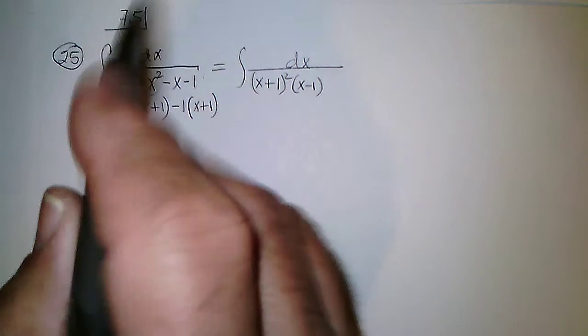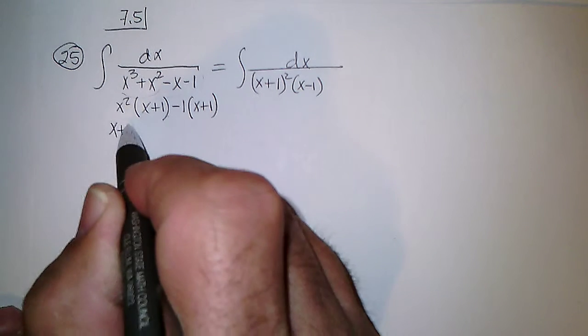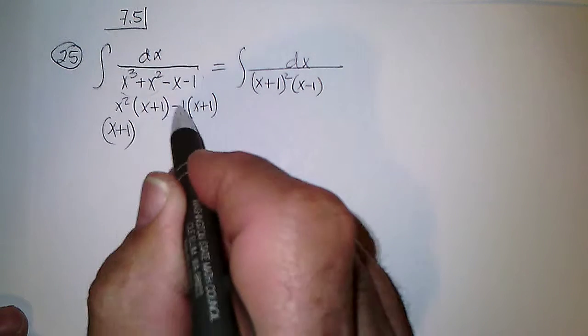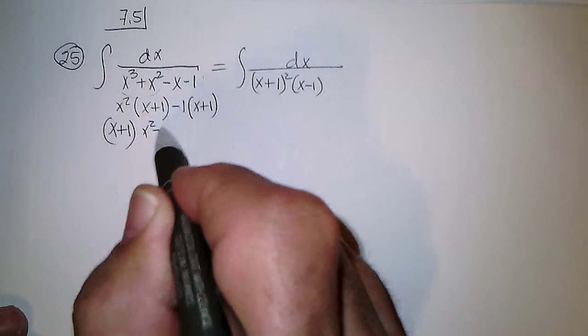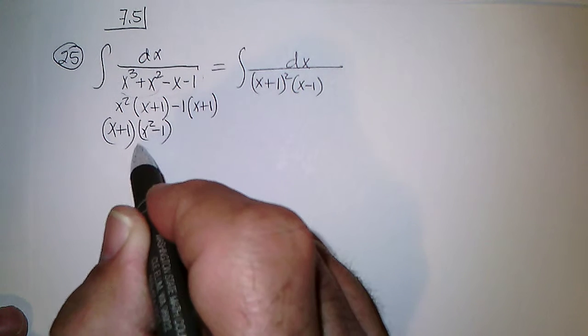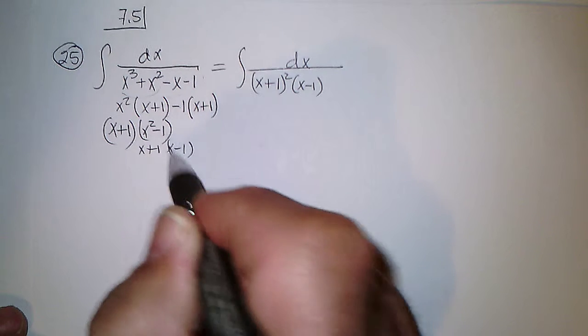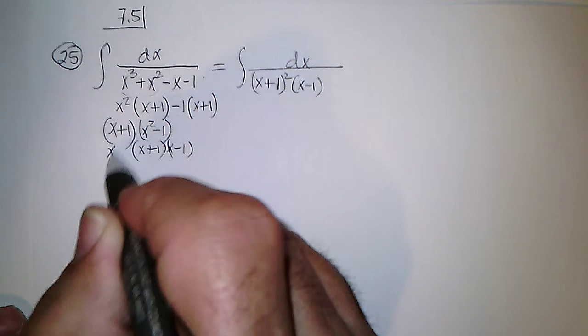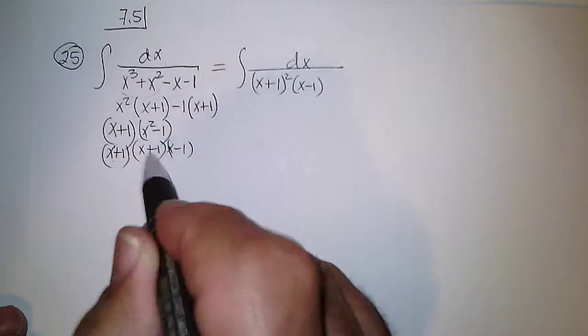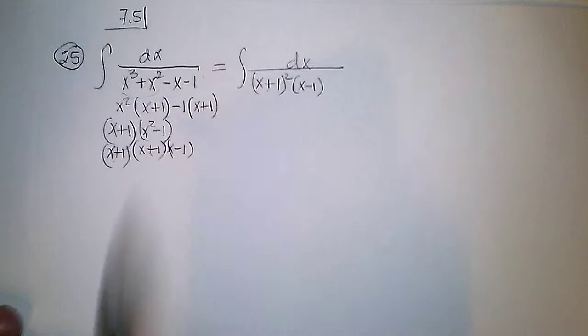So I could factor those out. And I'd have x squared minus 1. And you should know that factors to x plus 1 and x minus 1. So we've got x plus 1 twice and an x minus 1.